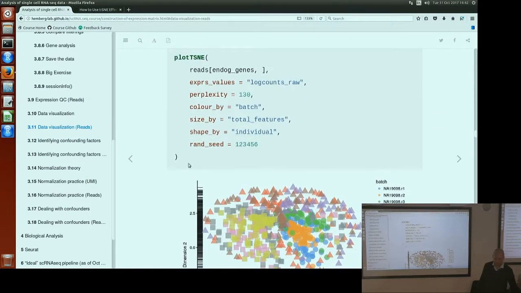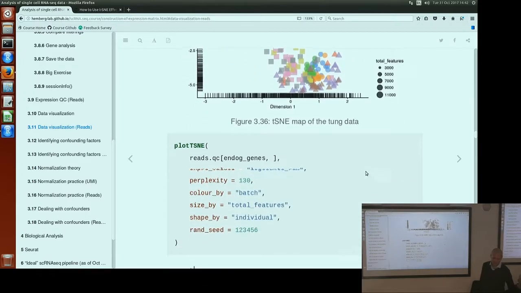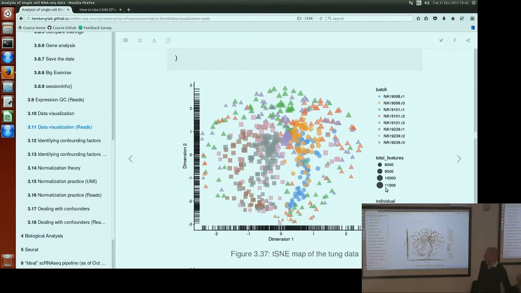Now if we plot the t-SNE plot on log counts of the unfiltered data, again we get some big cloud of points. This is perplexity 130. If we filter out outlier cells, it still looks messy to me.